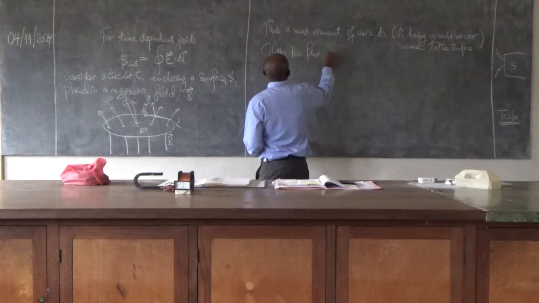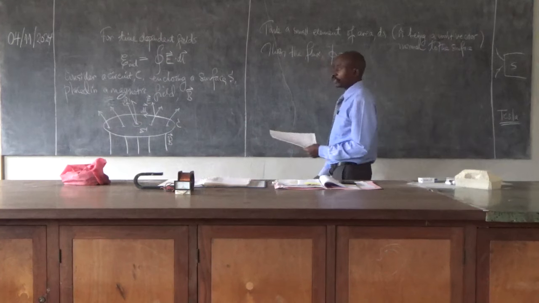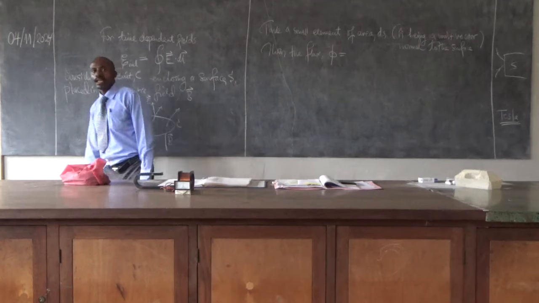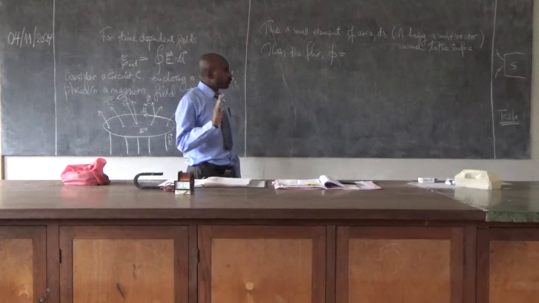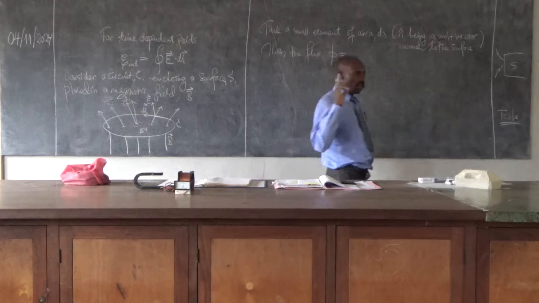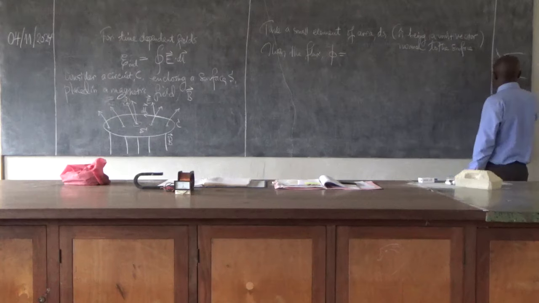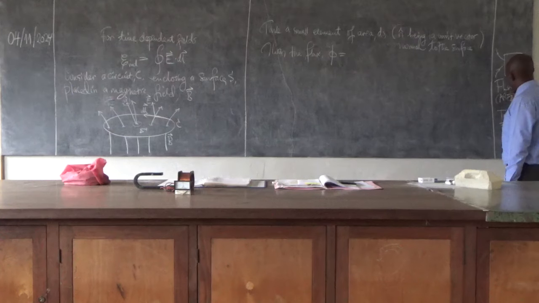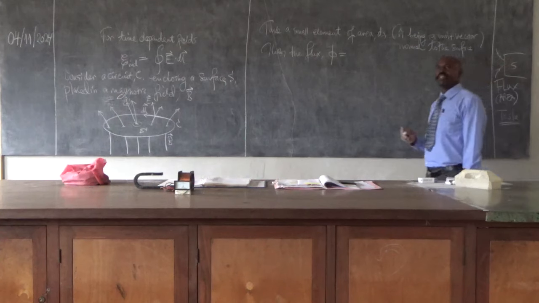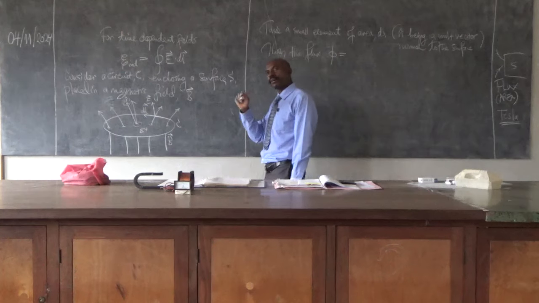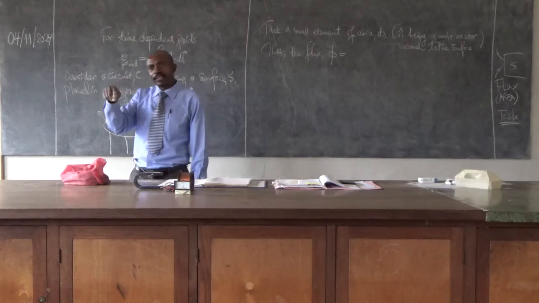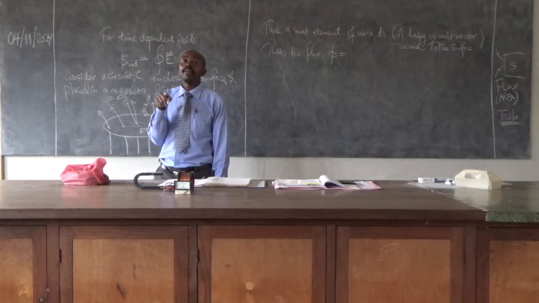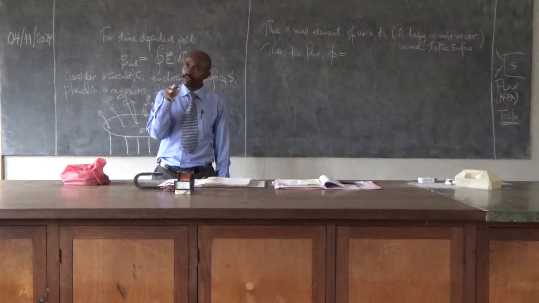Then the flux phi would be the same as, do you remember the definition for flux? Whenever you see the word flux, the first thing that should come into your mind is area. If it is electric flux, then you are talking about electric fields threading an area, and most appropriately perpendicular to it.